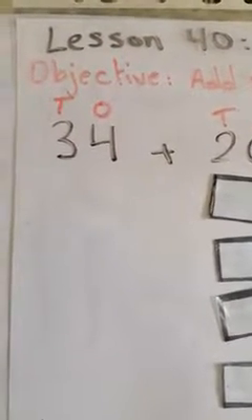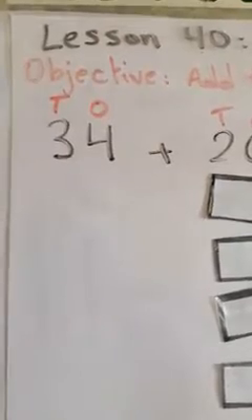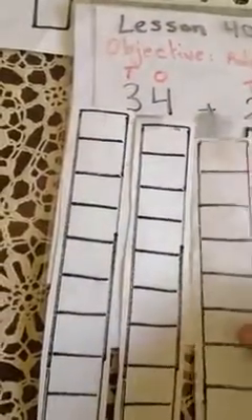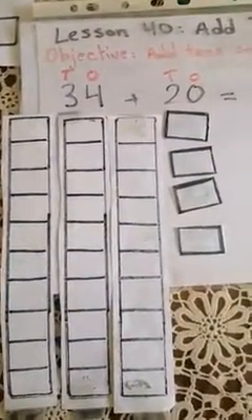We have 3 tens, so I will put 1, 2, 3. So that's how we represent 34.